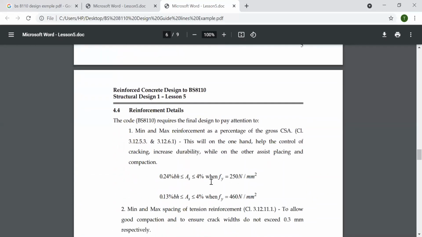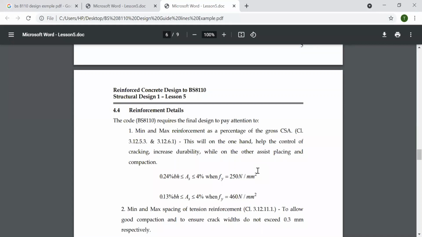Then you know the minimum requirement of the reinforcement: 0.24 and 4%, and the other one is 0.13 for doubly reinforced, 4%. So these two conditions are applicable for beams and also any type of flexural element. You can see here, based on the steel strength, 250 means the mild steel, and 460 is the high-tensile steel.